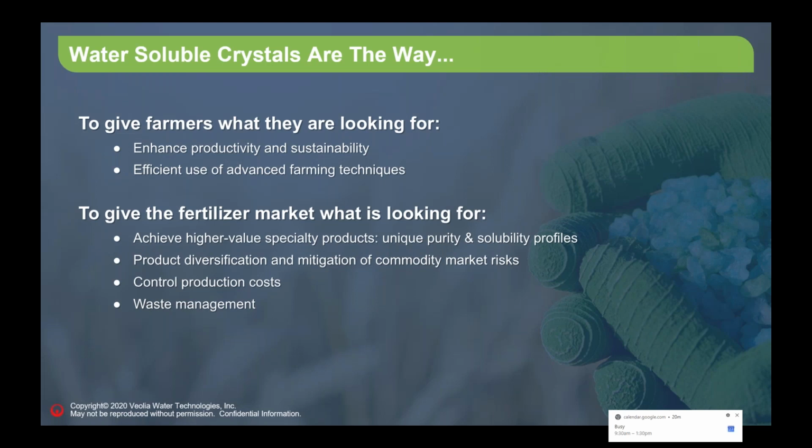They want product diversification. They want to control production cost, and they want to manage the waste, and all this can be achieved thanks to the powerful crystallization process and thanks to the crystalline fertilizer products.